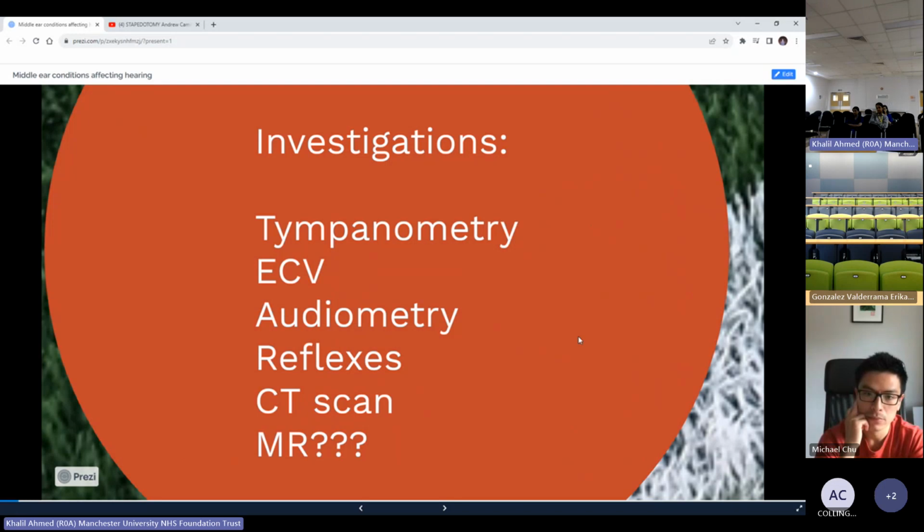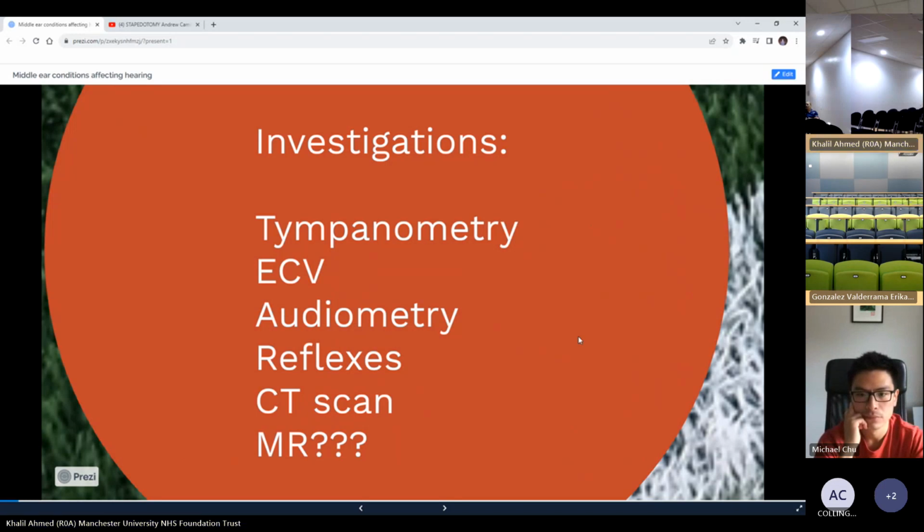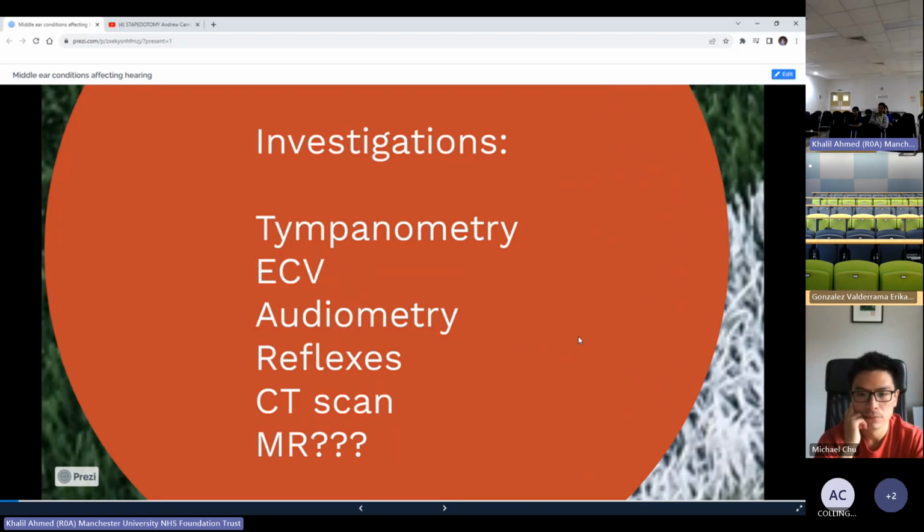And tympanometry is quite an interesting one because that can take the place of Valsalva, can't it? And hopefully we all know our types of tympanometry. Okay, A, B, C1 and C2. And they're all worked out on the chance of finding fluid in the middle ear.